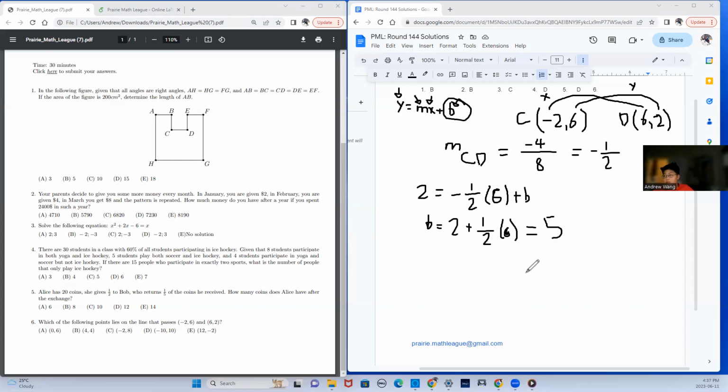So now we have the equation of the line, which is y equals -1/2 x plus b, which is 5.